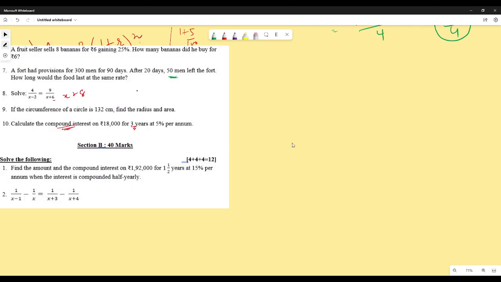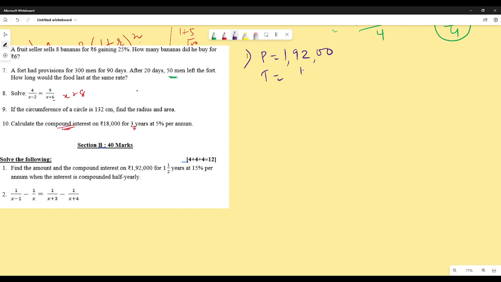Okay, so find the amount and the compound interest. Again, from compound interest, this question, find the amount and compound interest. Now here the principal is 1,92,000 rupees.